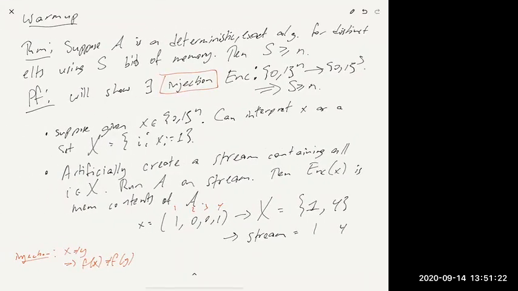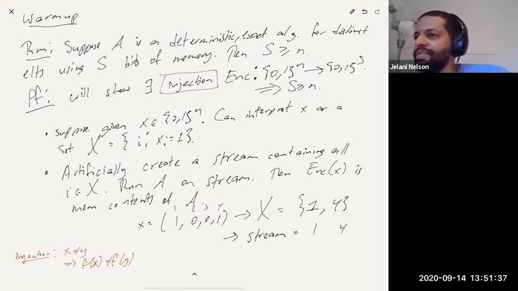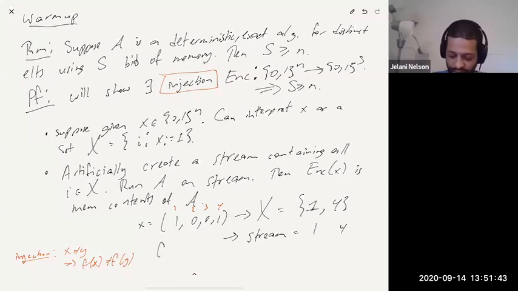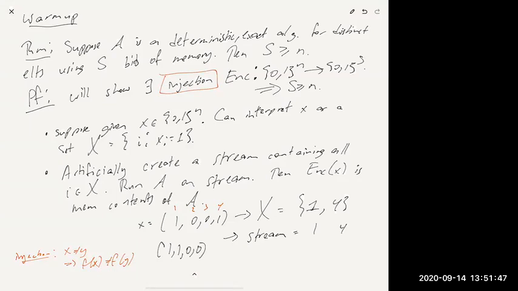But if I have two different streams that had the same memory contents, then the algorithm cannot be outputting different answers, even though the distinct elements are different. Wait, sorry, say it again. If I run my algorithm on, let's say, this other thing instead, 1100, and you query the algorithm for both of these, it's going to say 2.